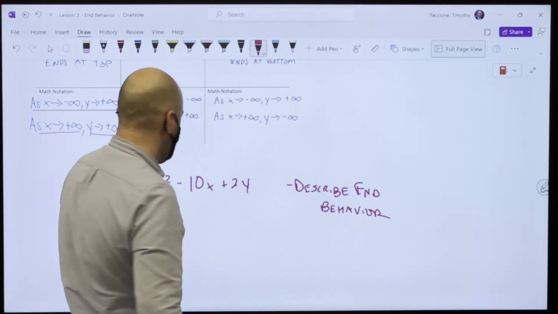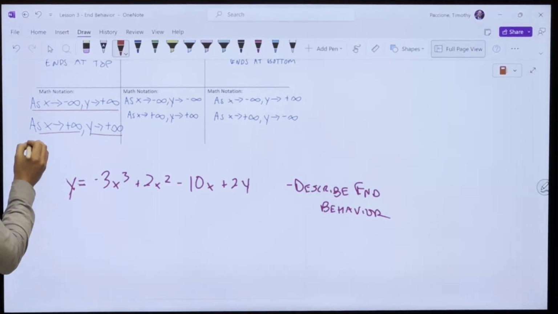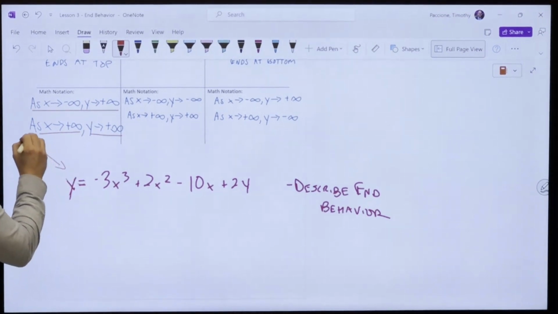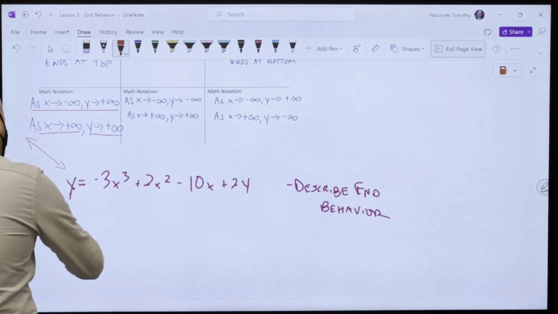So how could you do this? Well, you don't have a graph. This is where last lesson comes in. What's my degree? Odd. Is it reflected? Yes. So it's going to behave like a negative line. Where do negative lines go? It goes from top to bottom, down like this. That's kind of enough, but we know it's cubic, so let's do a little bit more.